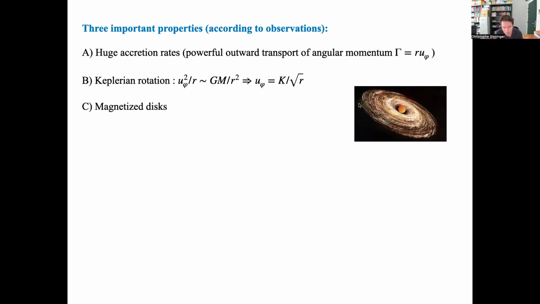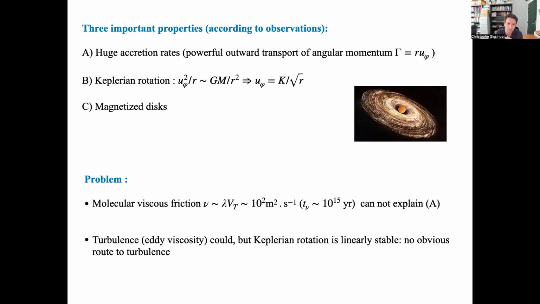So there are a lot of different important aspects of accretion disks, but those are the first-order interesting things. And already with these 3 properties, we know that there is some problem.